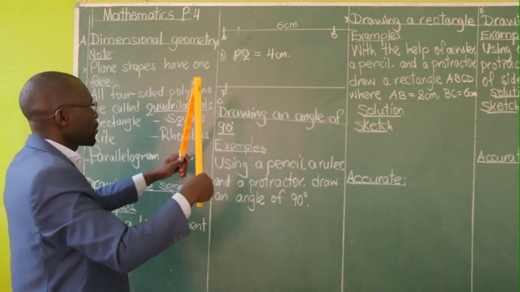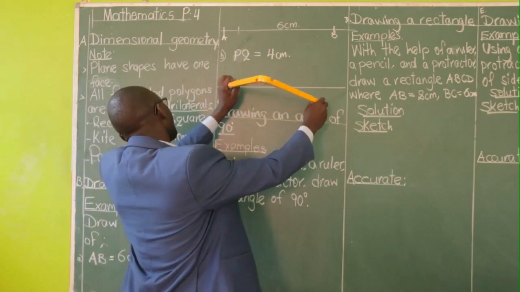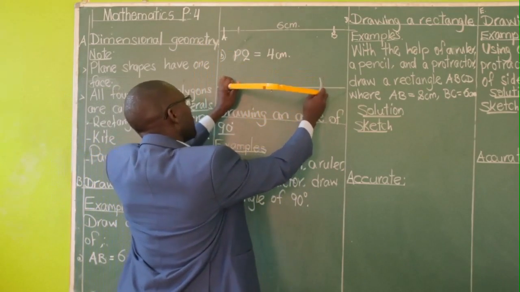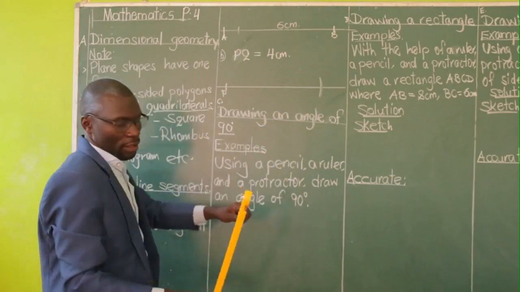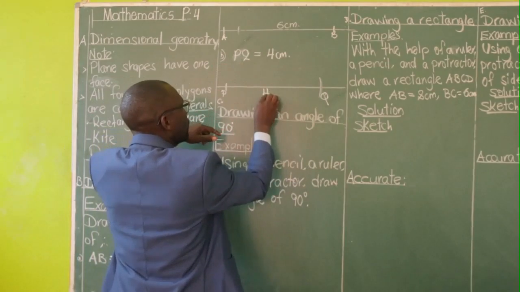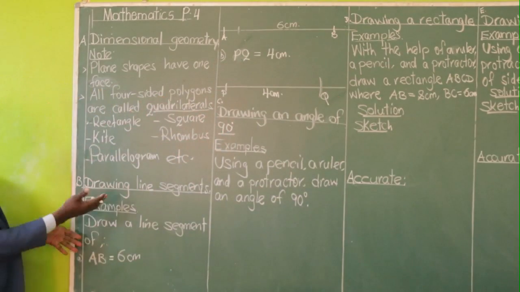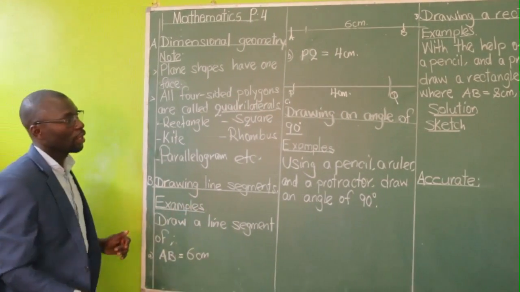Then you bring the compass here and put it at the starting point, and then make that mark there. So this point will be Q, and this is now 4 centimeters. So that's basically how we draw or construct line segments.